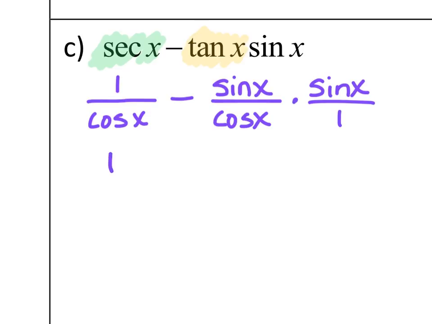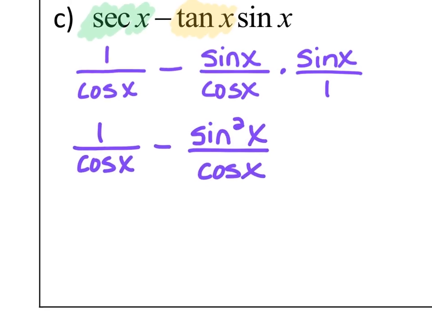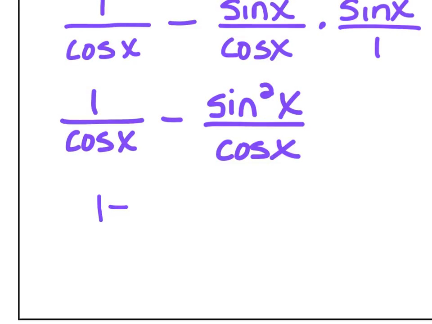But really here, I have 1 over cosine of x minus sine squared of x over cosine of x. And when I subtract my fractions, I end up with 1 minus sine squared of x over cosine of x.